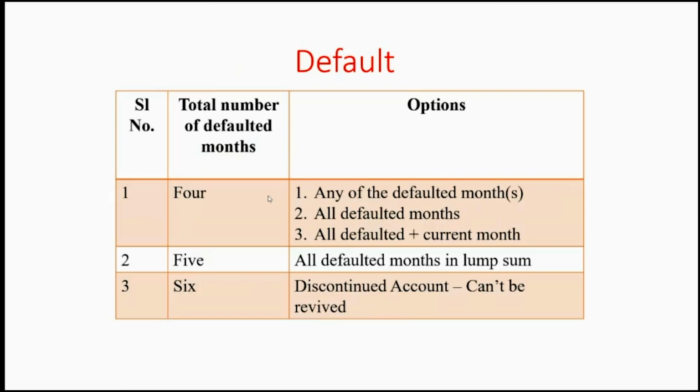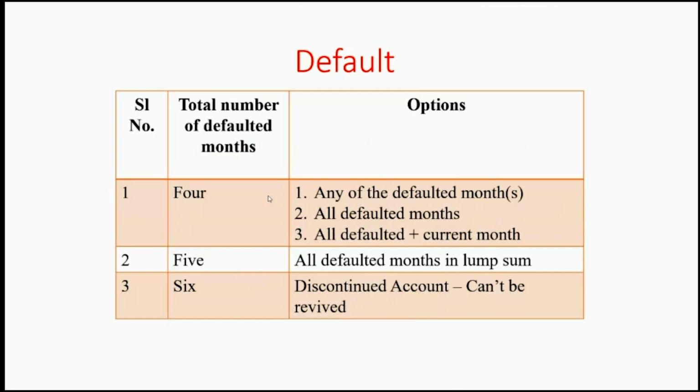So in default, we have a condition like that. Whenever the default in an account is up to 4, the depositor can pay any of the defaulted months, or all the defaulted plus current months. But whenever the default reaches 5, all the defaulted months should be paid in one lump sum.